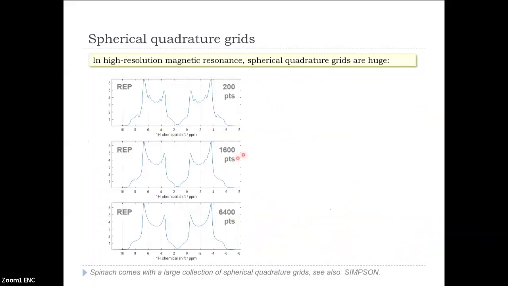Okay. So examples, this is a two-spin system with a dipole-dipole coupling in it, just a Pake pattern, solid powder. And if we have 200 points in the spherical grid, you can see these wibbles and wobbles, right? These are the inaccuracies of our powder integration. If we increase the number of points on that sphere to 1600, it gets a little bit better.